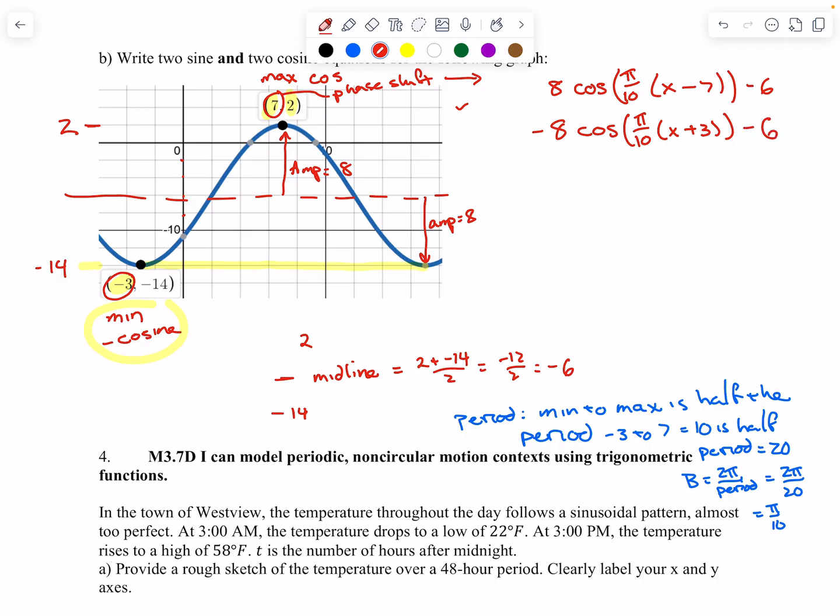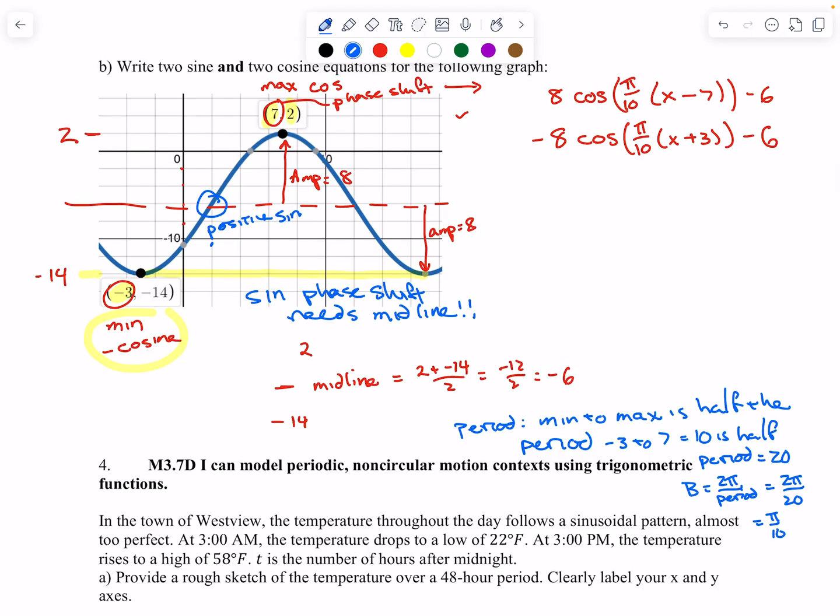Okay, for sine, I need to be hitting the midline. So let me write that down. Okay, so if I'm at the midline going up, that's positive sine. Let's see, this is 10, this is 2. And then negative sine is at the midline going down.